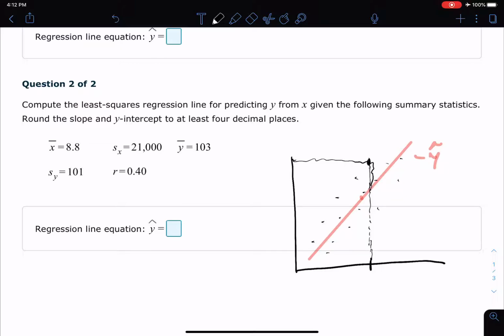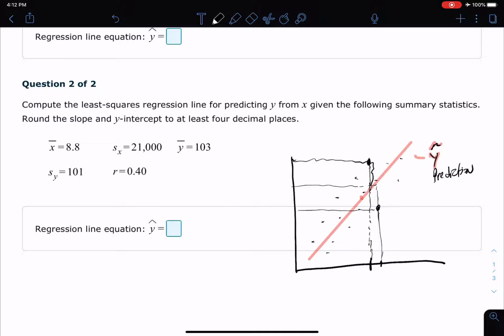But I also want that line to represent this data point down here. The actual value of this is over here, but my predictive line would tell me about there. So this is a prediction. This y hat gives us a prediction, to the best of our ability, and it is the least squares regression line.